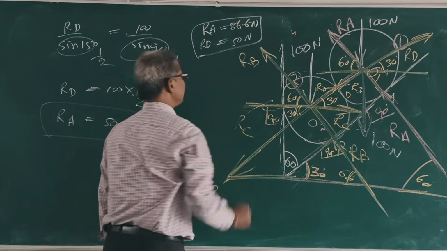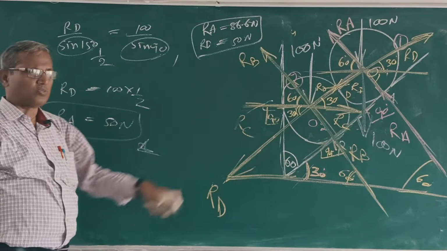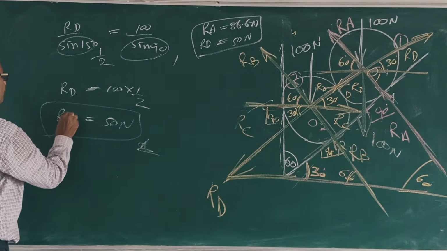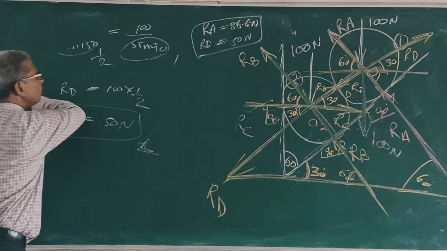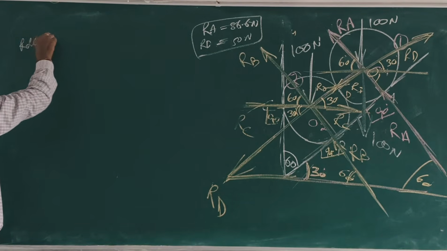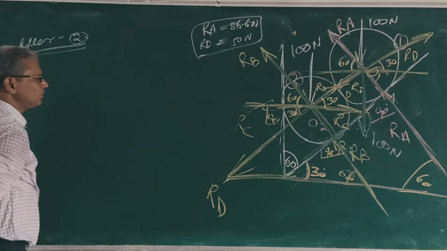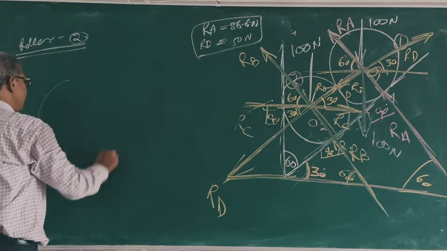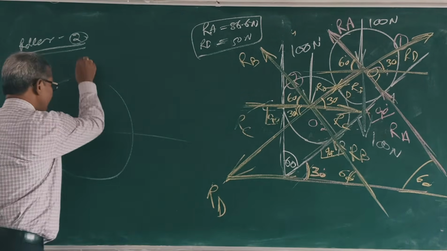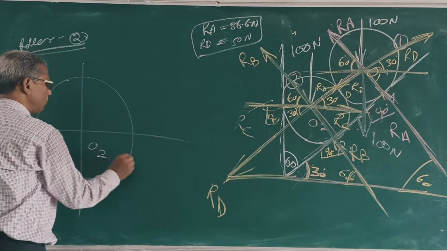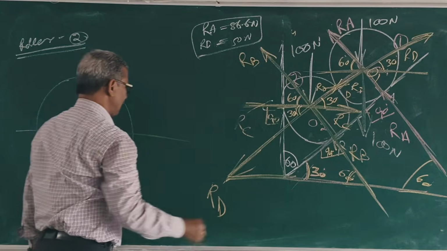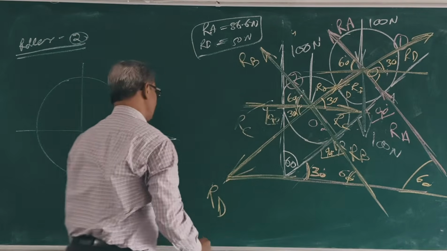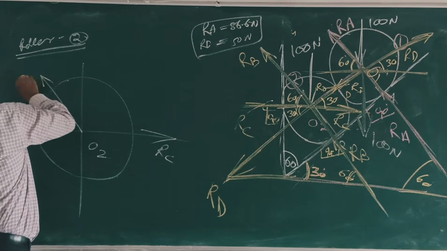Now we'll go to roller 2. This is roller 2, O2. This is RC. This is RB, at 60 degrees.